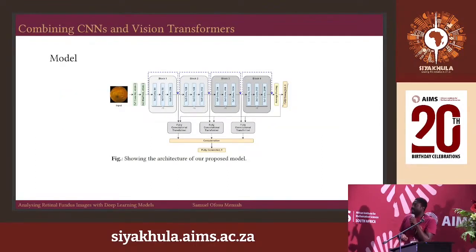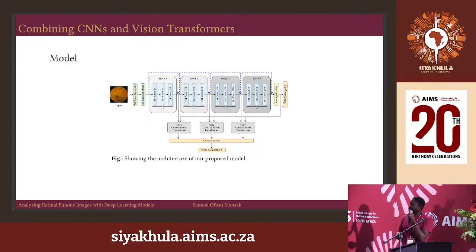We have another technique that we came up with. We have another ResNet 50 model, but we modified it by getting feature maps out of each block here, and we applied a technique called fully convolutional transformer for prediction.